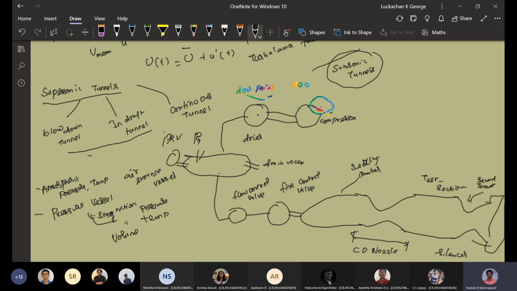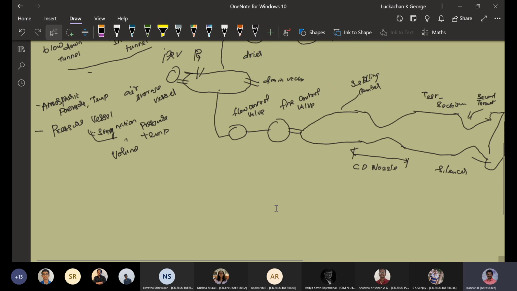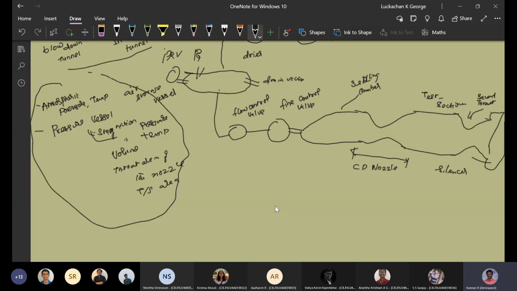Other than that, the throat area of the nozzle and the test section area. So these are the factors that dictate the test section Mach number and the blow down time.